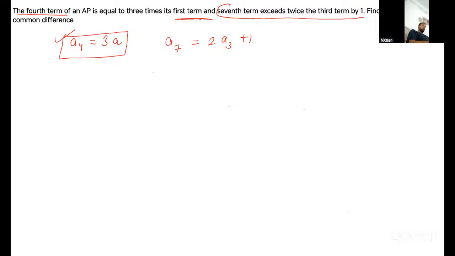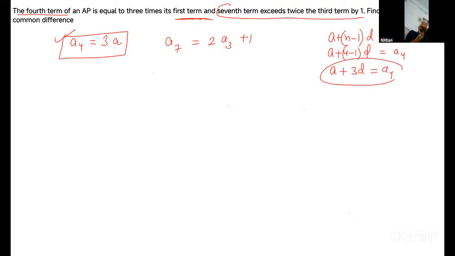Yeah, so now you have to put the formula. If A4 is there, what is the value of N? N is also 4. So we have the formula A plus N minus 1 into D is equals to AN. If A4 is there, it will become A plus 4 minus 1 into D, which is A plus 3D, is equals to A4.